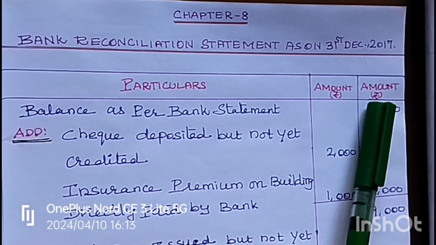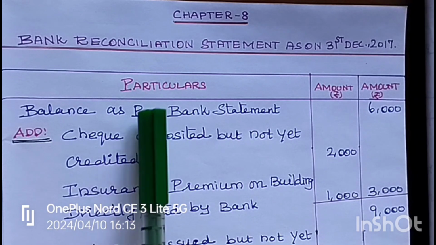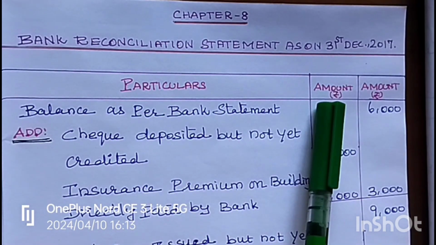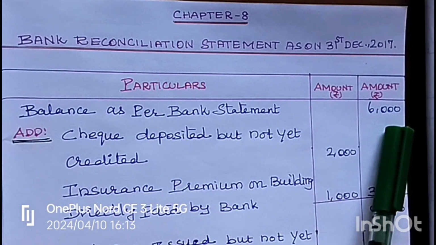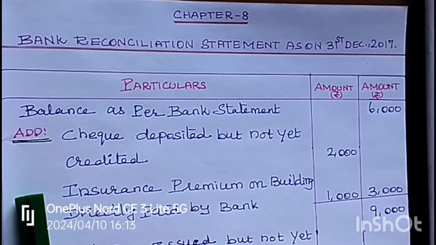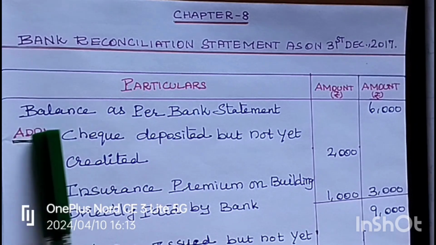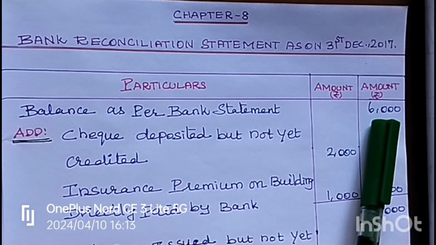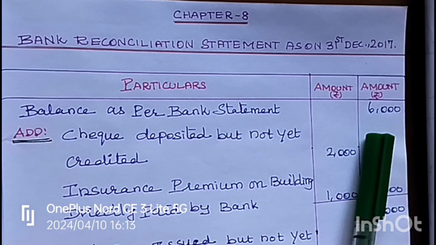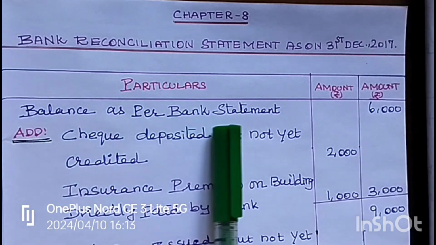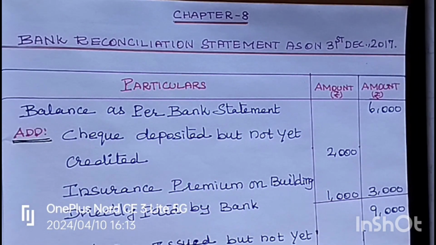You know three columns, that is particular column, inner amount column and outer amount column, we prepared. Then you need to write the balance as per the question. In this question you have given balance as per the bank statement 6,000 rupees. So write balance as per the bank statement 6,000 rupees.